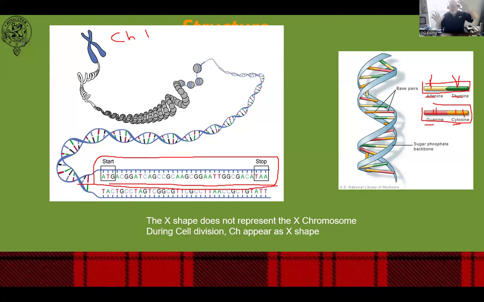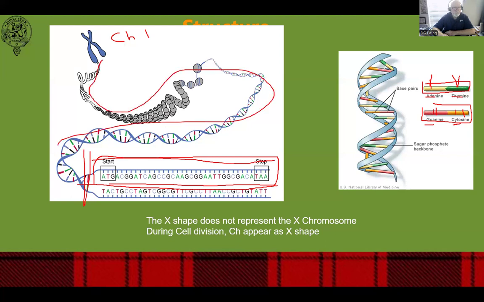Let's take the ladder and lay it on its side, and that's how we will start representing DNA. We'll cut a segment of the DNA. This is the entire chromosome 1. We're taking the very last segment, slicing it off. And so that segment has a start and a stop point, and we'll talk about that a little more at the end.